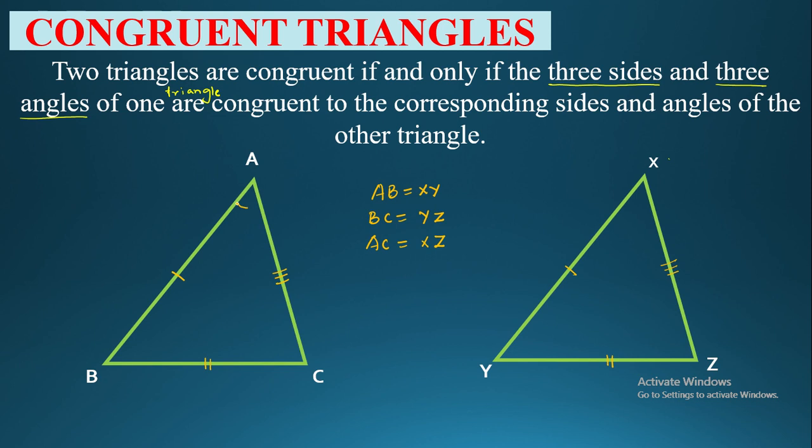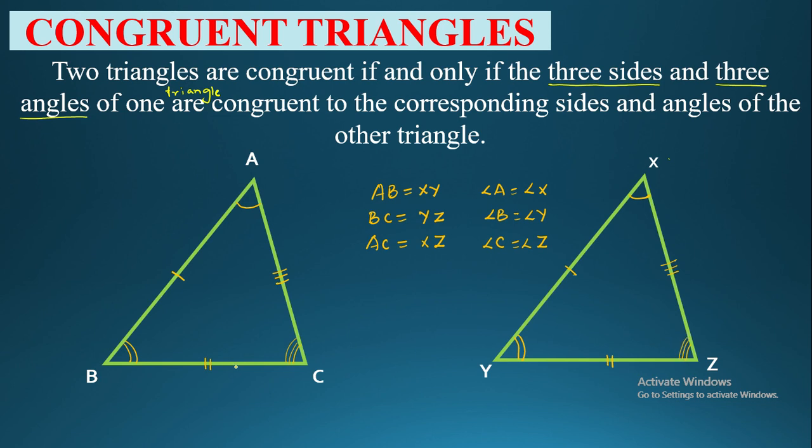Similarly, we said that all the three angles of one triangle should be equal to three angles of another triangle. That means angle A is equal to angle X, angle B equal to angle Y, and angle C equal to angle Z. Because only then, if we superimpose one of the two triangles over the other, they will completely overlap each other.